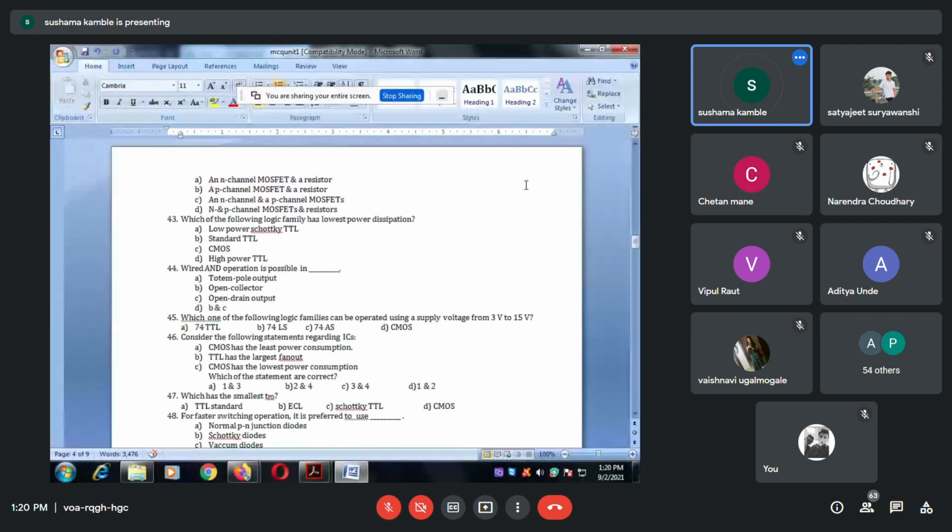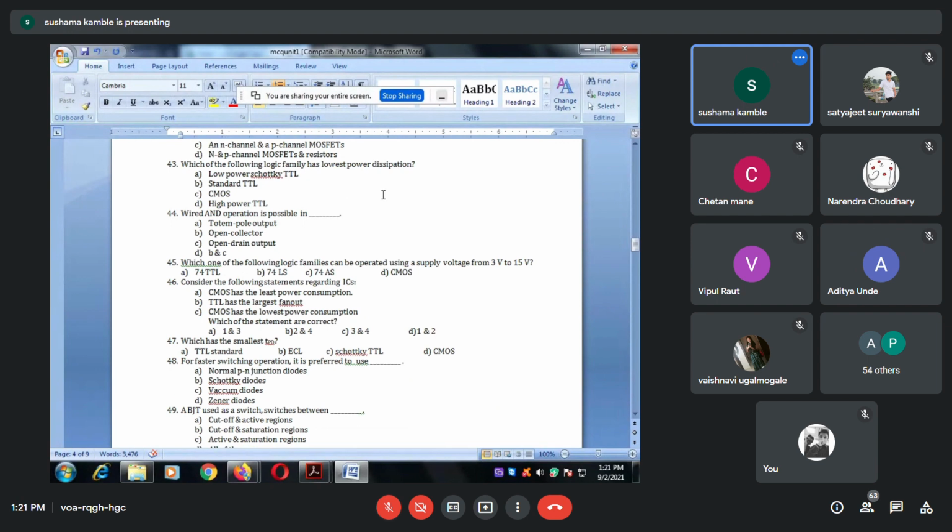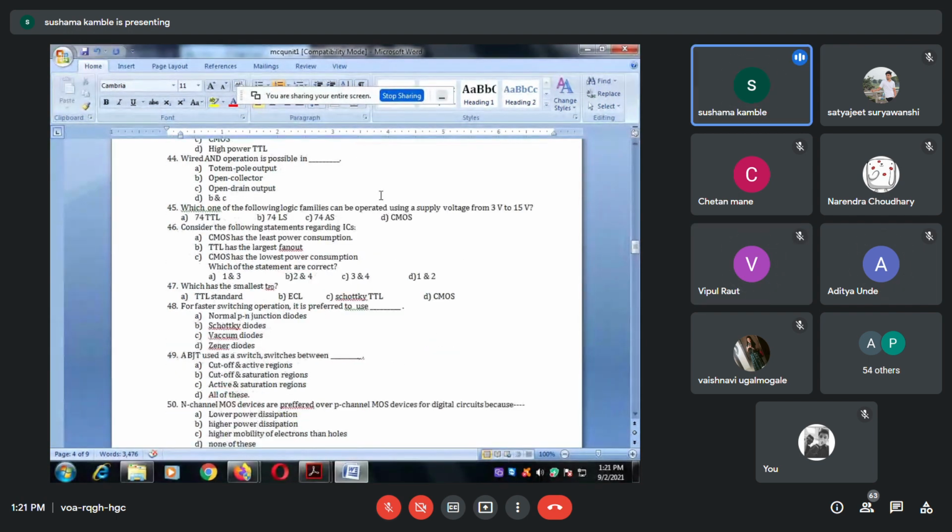Options. They are very easy. Other students, at least listen carefully. It will be helpful for you also. Option C. Lowest power dissipation. Which of the following logic families has the lowest power dissipation? CMOS. Wired AND operation is possible in, अभी देखा हमने.